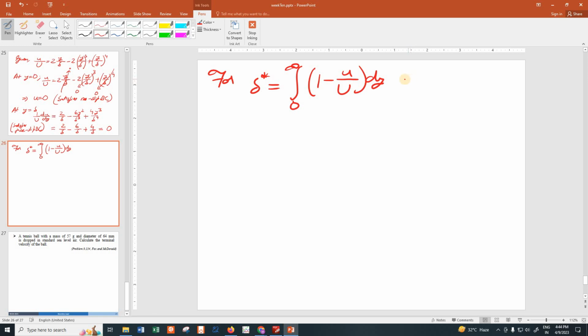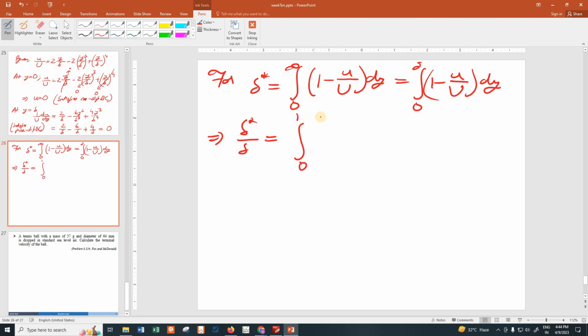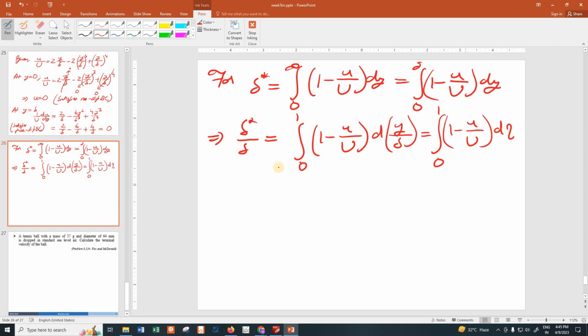So delta star by delta is equal to, so the differentials can be changed so that the limit goes from 0 to 1.